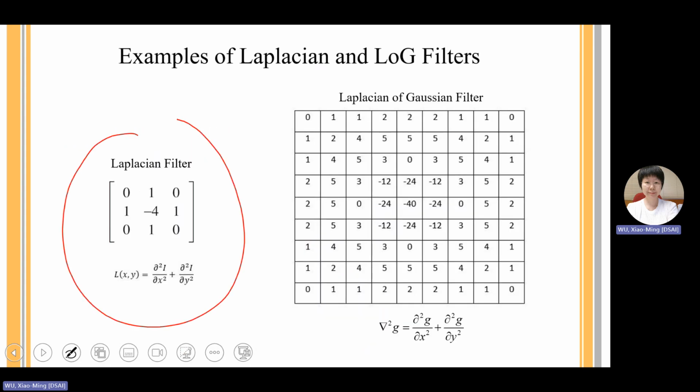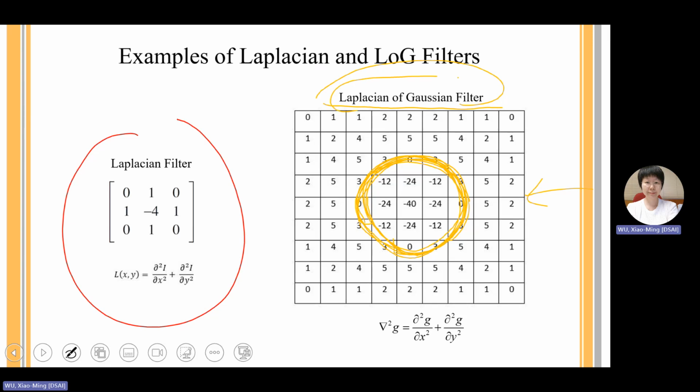Now, where are the zeros? This is the LOG filter. This is where the zeros are. So for this filter, if you happen to have a blob of this size, then this filter is perfect for identifying a blob of this size, because it will give maximum response.